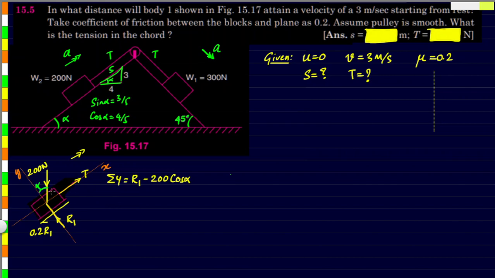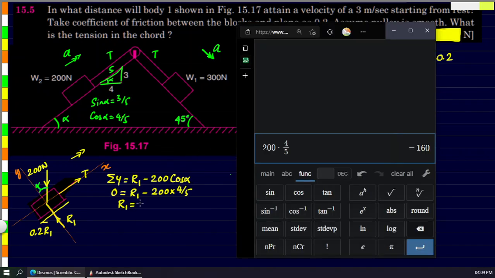The remaining forces are parallel to the x-axis, so they will not have any component in y. So this total has to be equal to 0. R1 is not known. Minus 200 times cos alpha, which is 4 by 5. So let's use this value to find R1, which we get as 160.